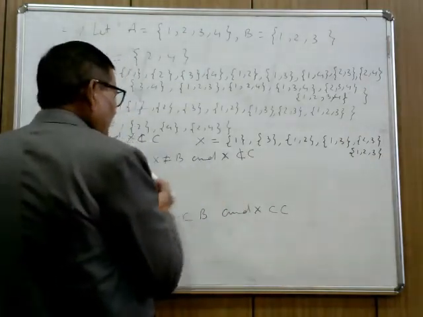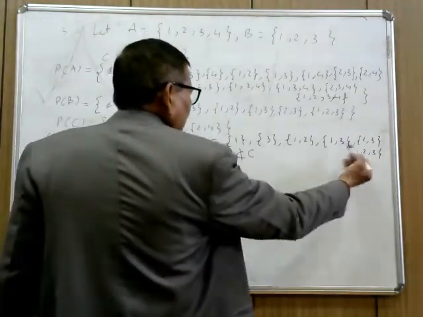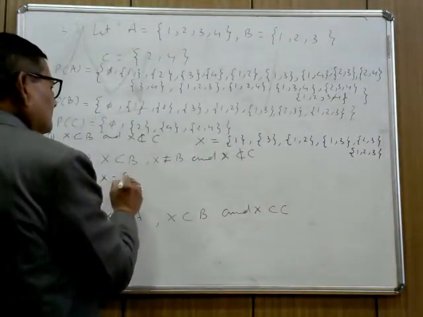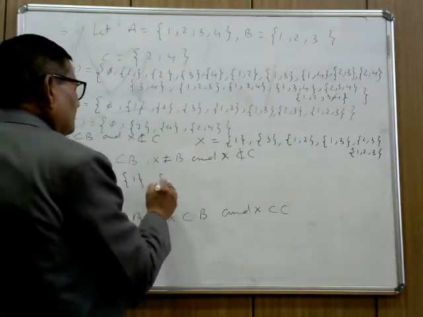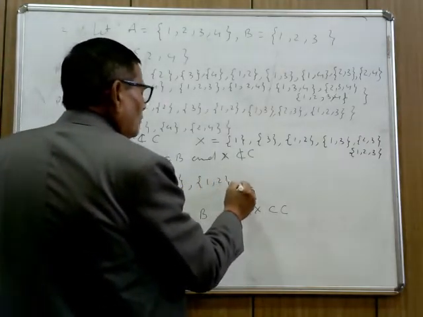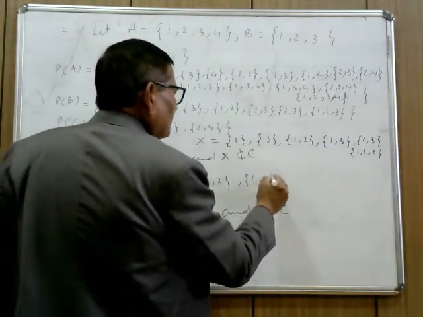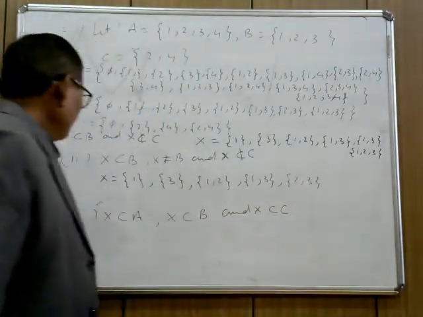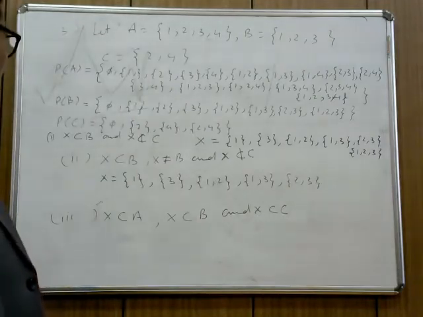If X is not equal to B, you cannot take this set as X. So your X is taken as 1, 2, 1, 3, 2, 3. That's all for this part. Next, X is a subset of A.